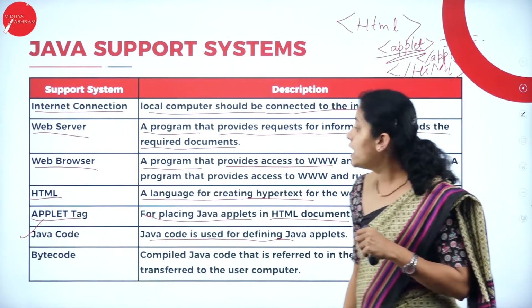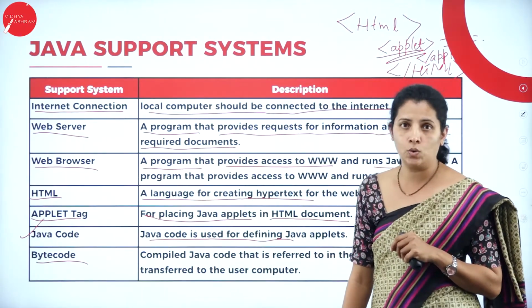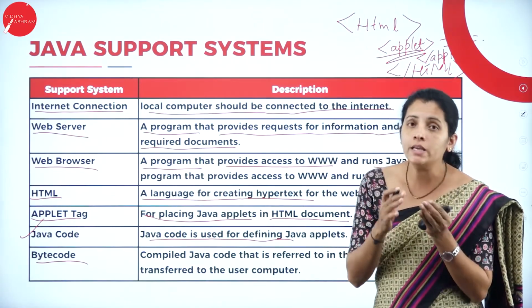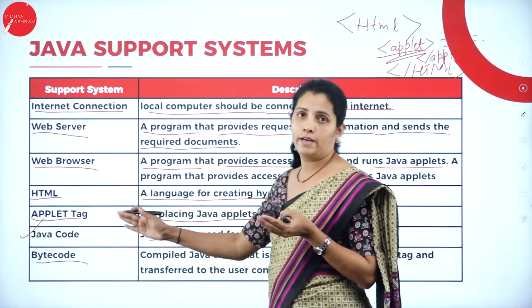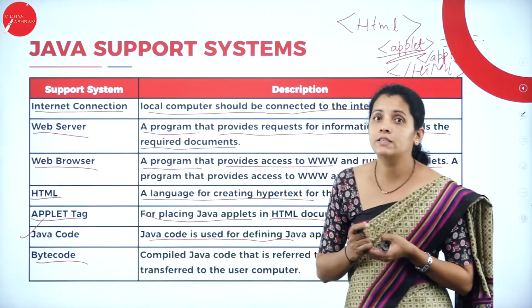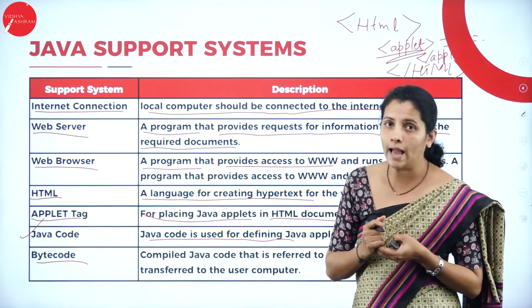Then at the end, I'm going to have bytecode. So what is bytecode? Here Java is unique because of the bytecode. Because of this bytecode, Java is called a platform independent programming language.